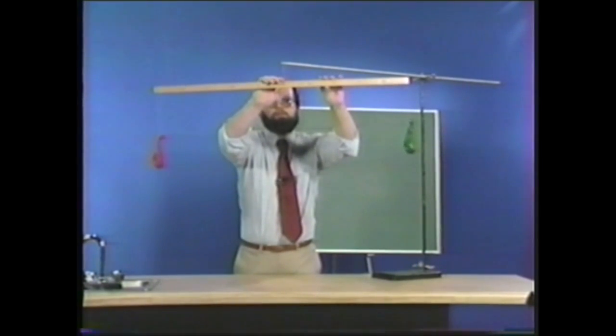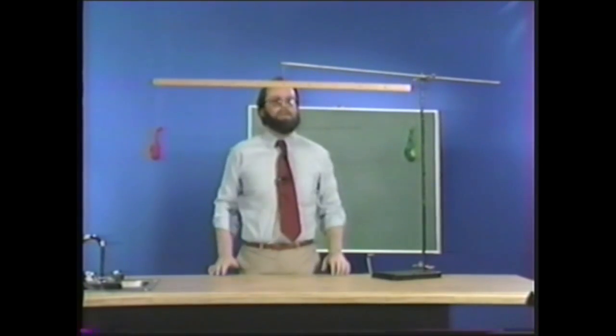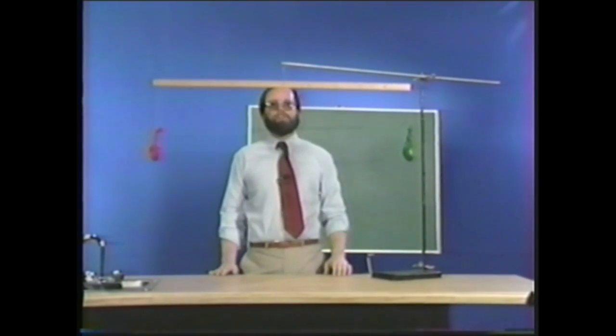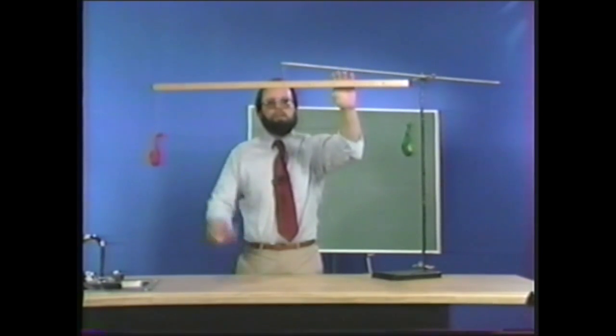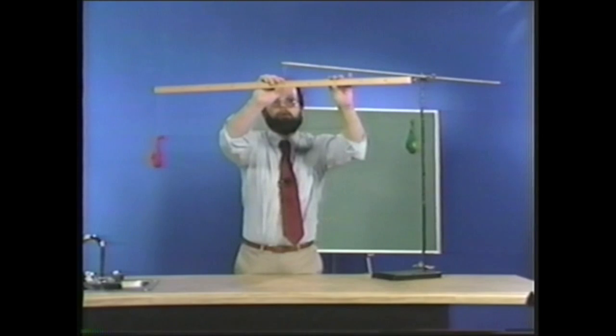And that looks pretty close to being balanced. Let me just move that a notch. Just a little bit more. Because we want both ends to be at the same level, and that way they will be balanced.